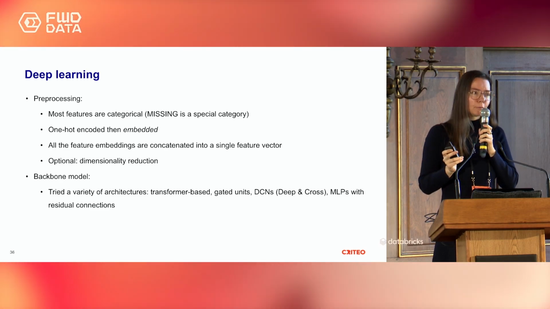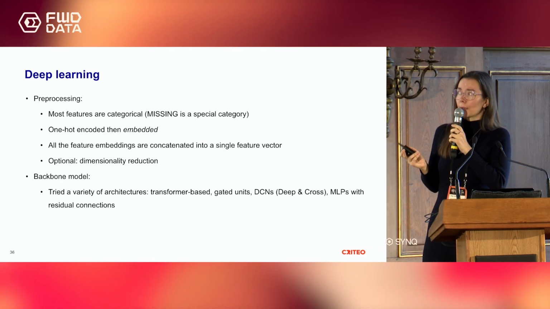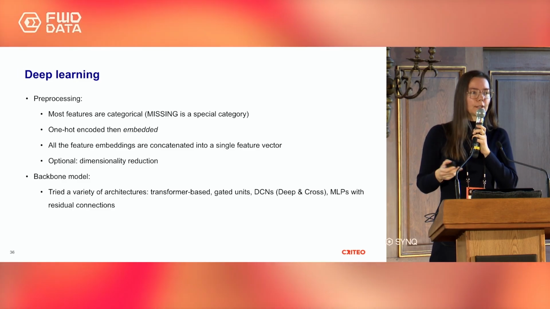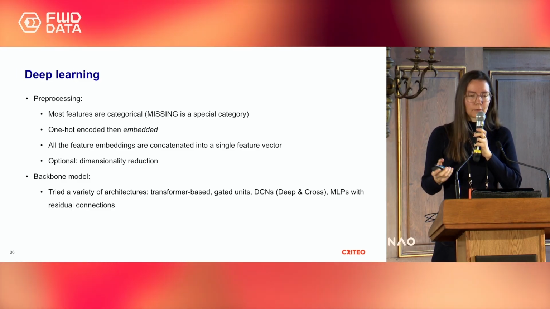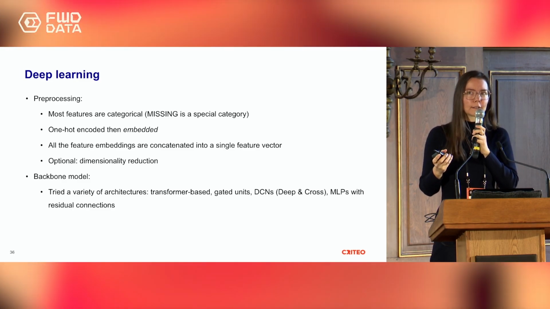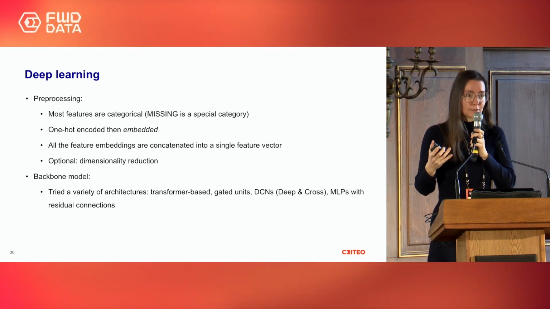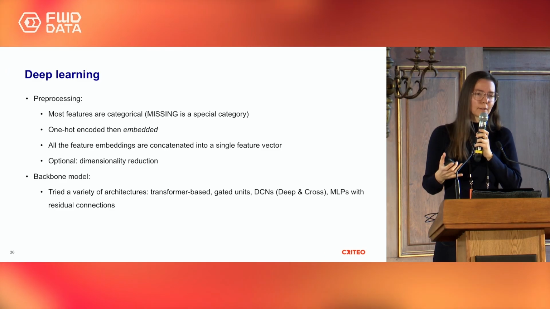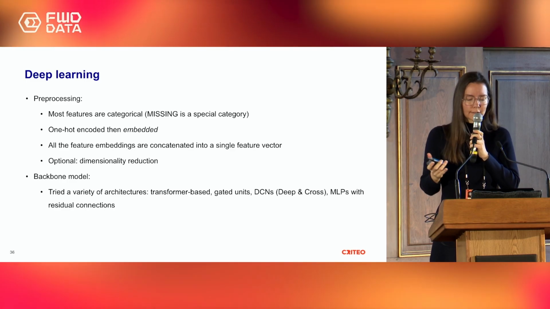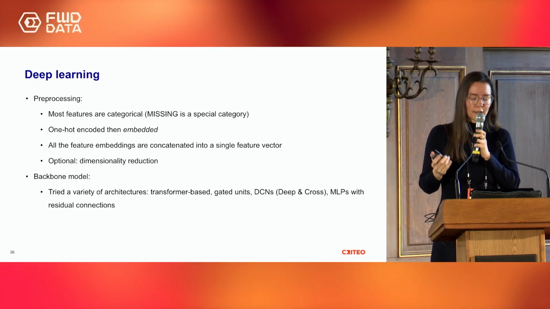Then comes what is probably the most interesting part, the backbone model. Here we tried a variety of architectures, transformer-based ones that come with all sorts of gated units, DCNs, deep and cross networks, and things that are more vanilla, like MLPs with residual connections.